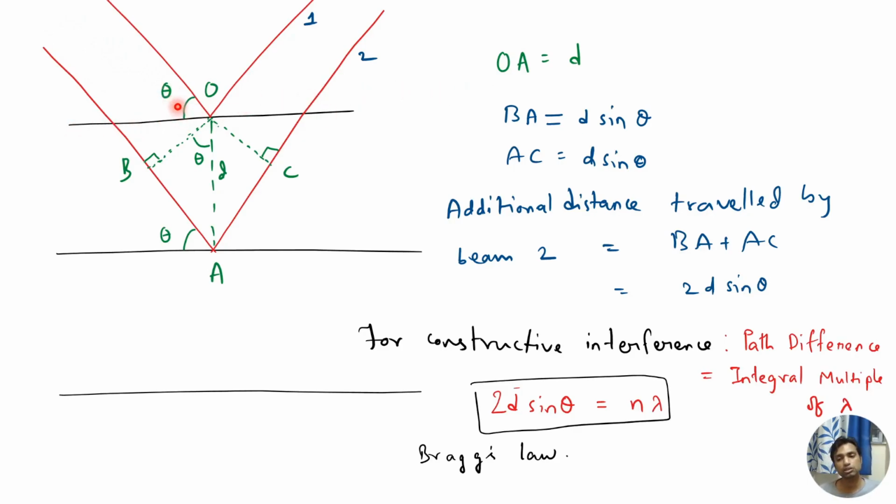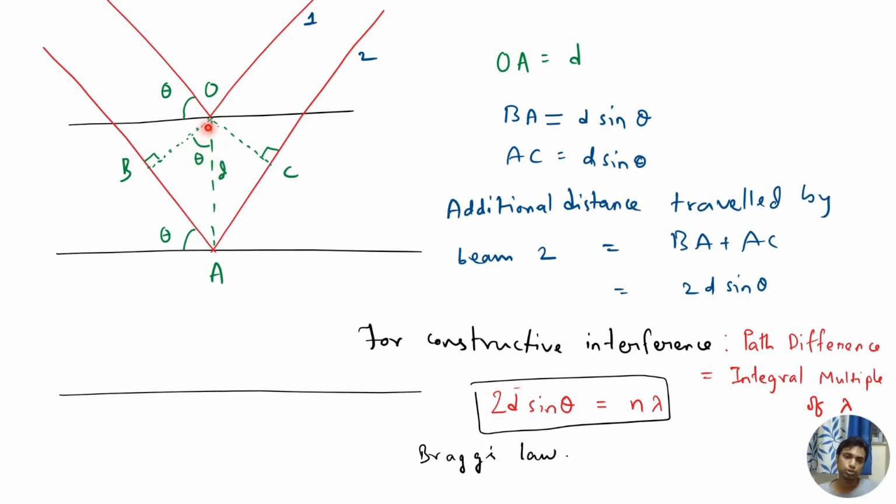Theta is the angle that the light is making with the atomic plane. So if this is theta, and we are making a 90 degree here, then this angle is 90 minus theta, and then this angle is theta. I hope this point is clear. Similarly, this angle is also theta.